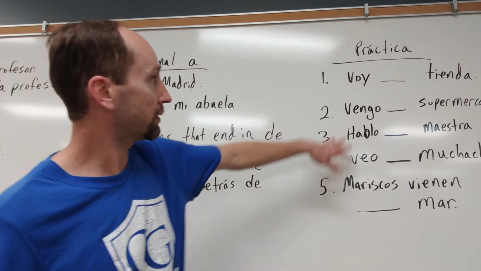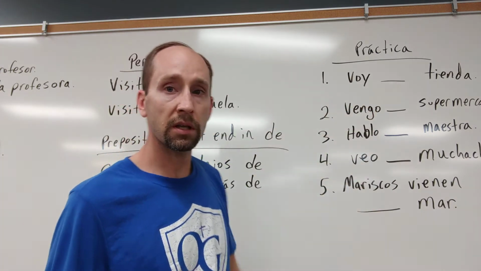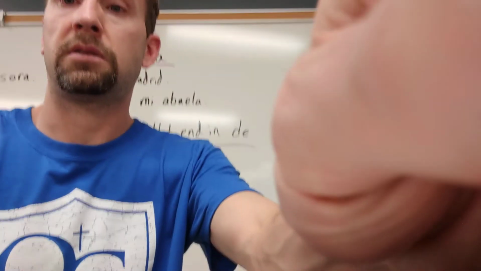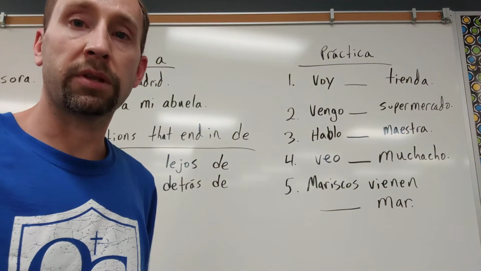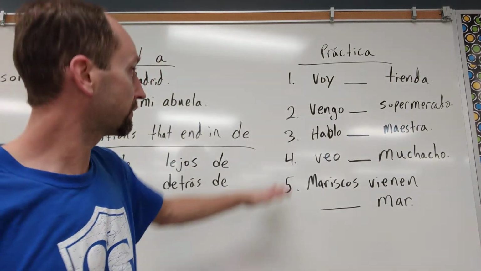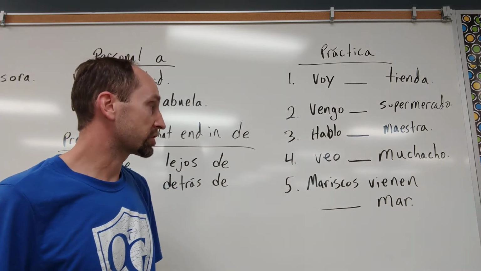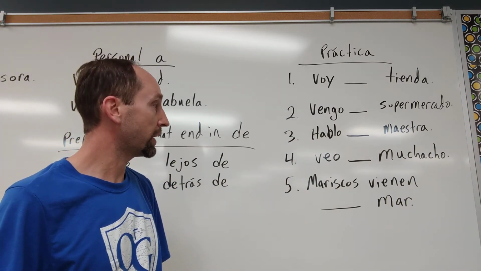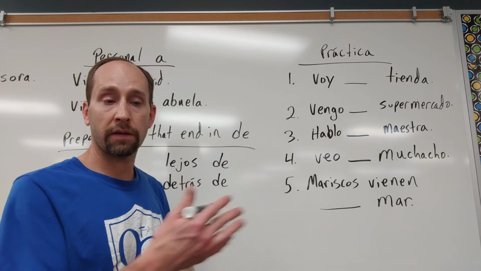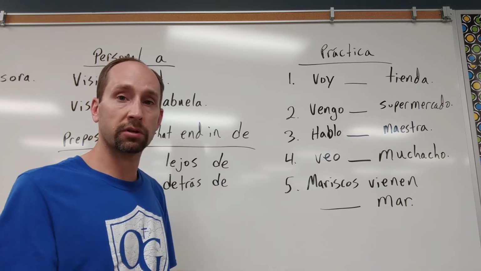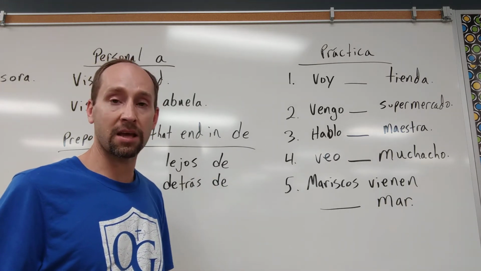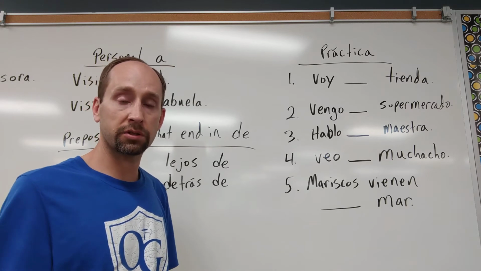All right, here's a couple of practice items that we can try here. What you could do is see if you can figure out which preposition you would put into the blank. It might be a, and then one of the words el, la, los, or las, or you might have de plus el, la, los, or las.